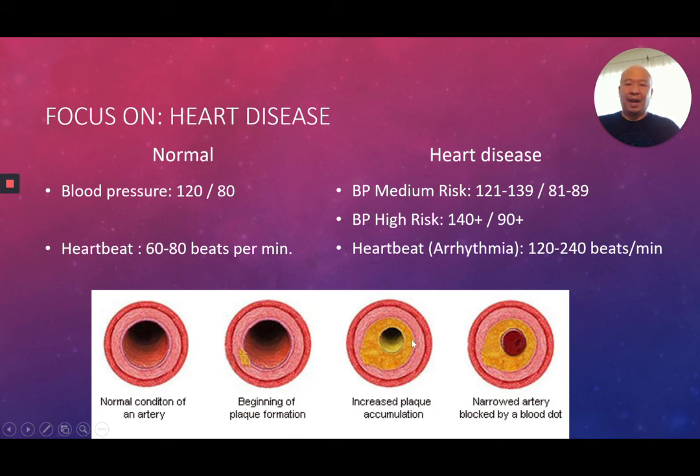These little fatty deposits that basically stick to the sides of your arteries, making them very inelastic and inflexible, and therefore making it harder for your body to pump blood back to the heart or to the body. So this definitely is a major factor in increasing your risk of heart disease.